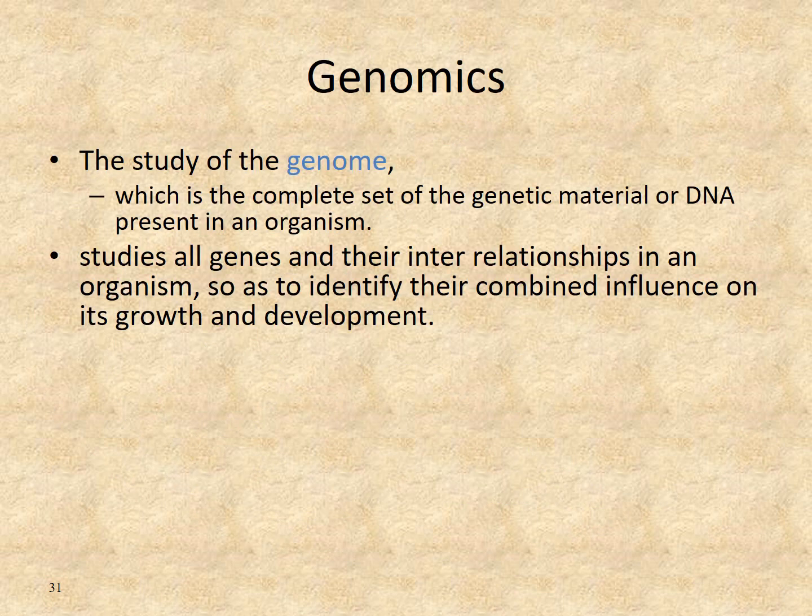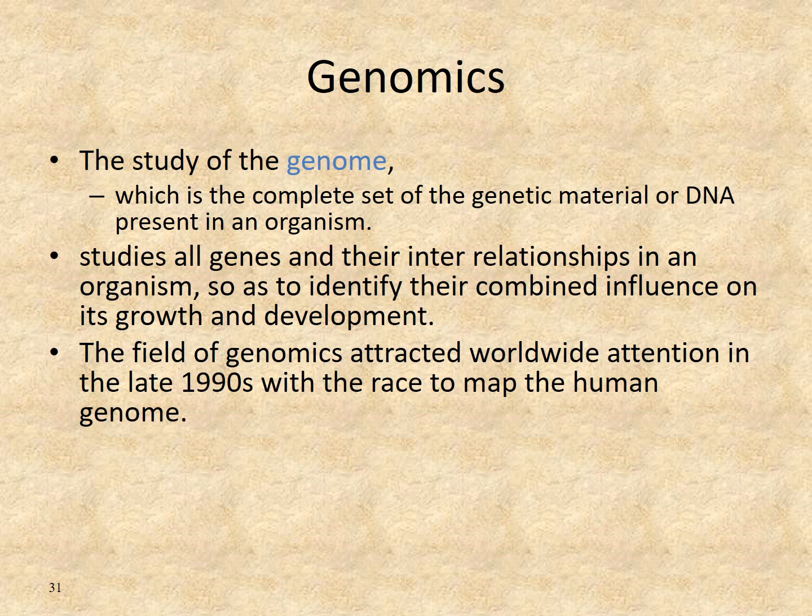Then genomics. The study of the genome using computational tools is known as genomics. The genome, as we know, is the complete set of genetic material or DNA present in an organism.